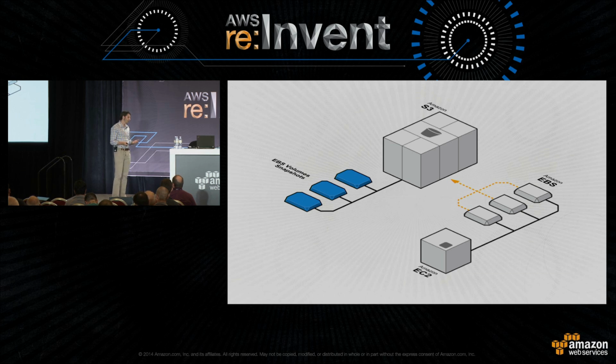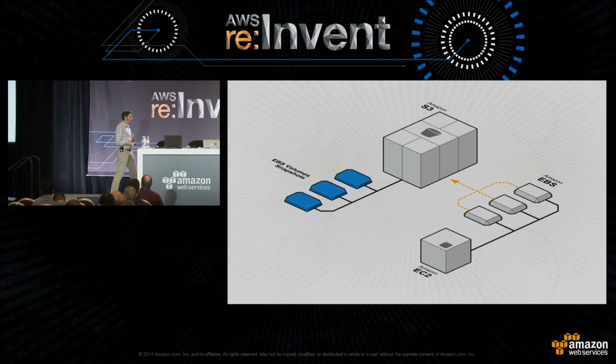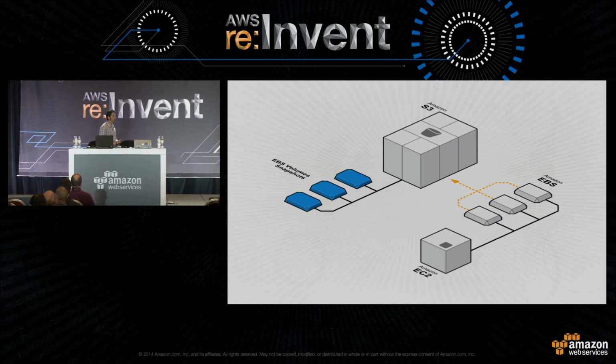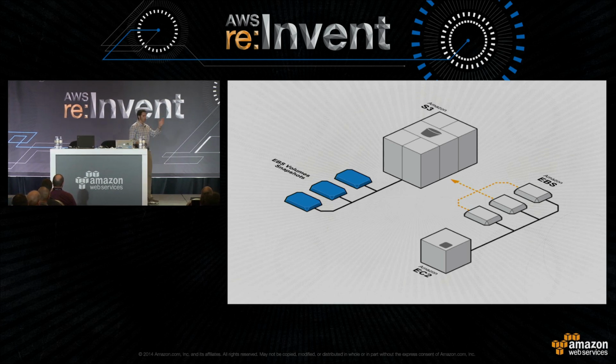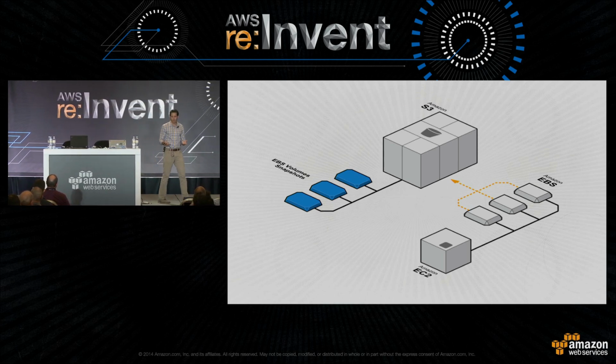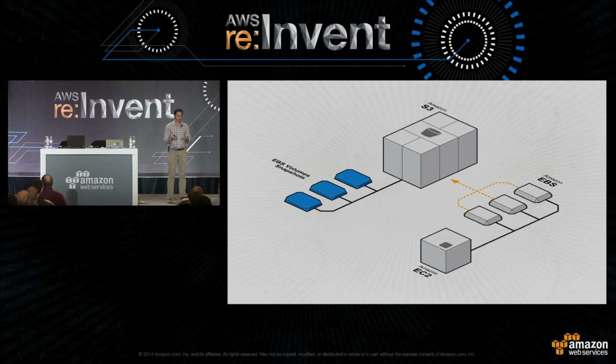So I can use this for anything from a very high RTO, RPO disaster recovery by actually doing copies between regions, to just a quick way of cloning test and dev environments, BI environments based on real data that's in this original volume.